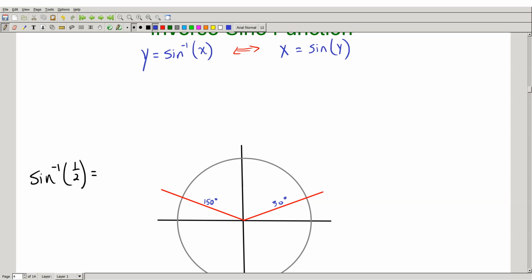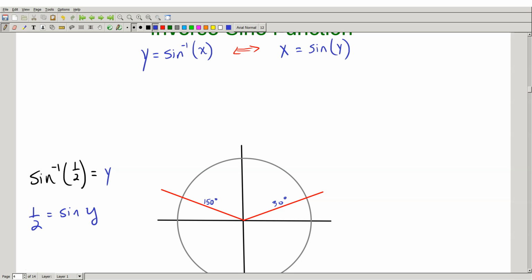What does that mean? So if I wrote it like this down here again, that would just be saying something like the sine inverse of 1/2 is equal to some y value, right? Well, that y value would have to be something like this: 1/2 would equal the sine of this y right here.